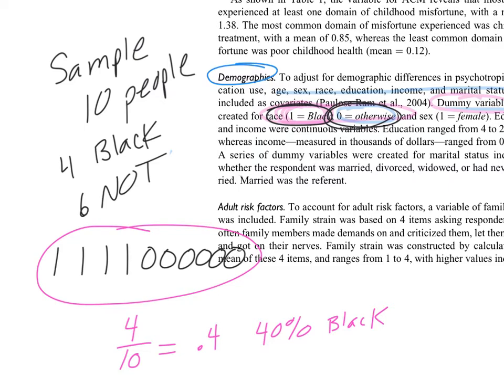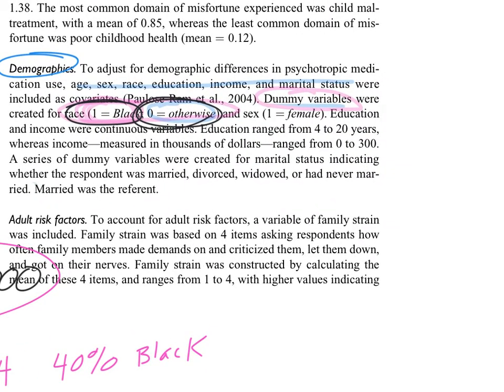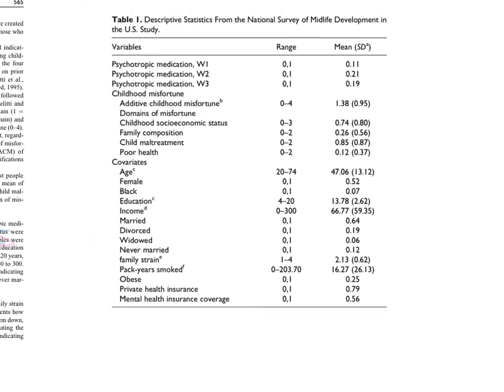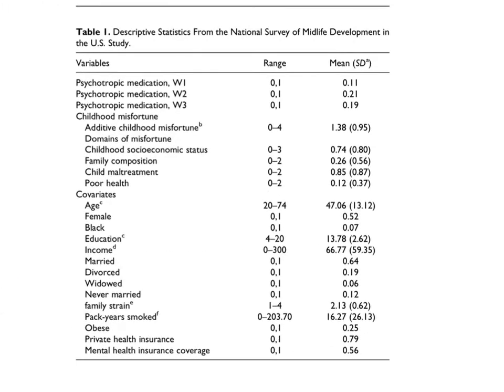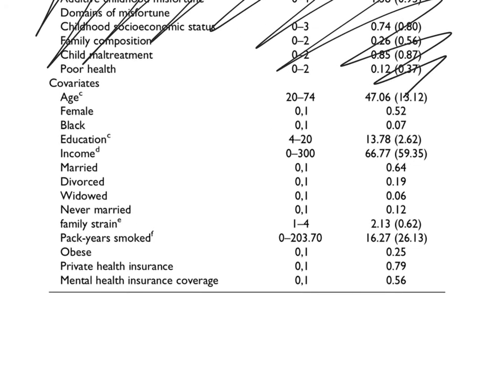So what does that have to do with this article? Well, as they've already told you, they're categorizing black people as a 1 and people that are not black as a 0. So now I'm going to look at table 1. So before you get all overwhelmed and eek, okay, forget about this part right here. Right now, we're just going to focus on this part of the table for black.